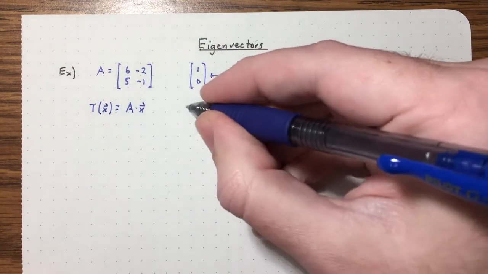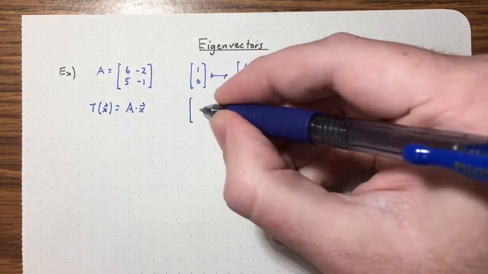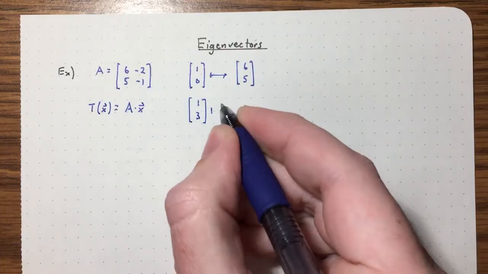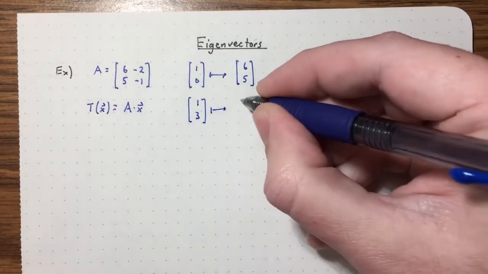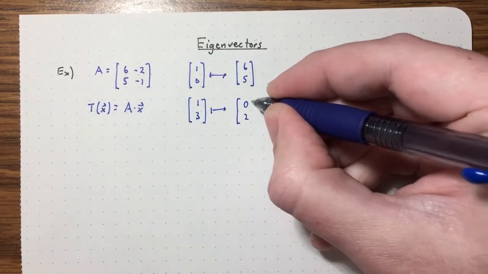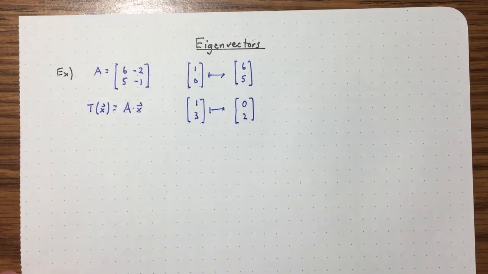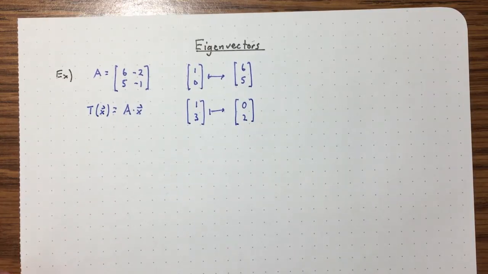How about, well, let's just pick a random vector 1, 3. Well, this gets sent to 0, 2, because we're taking 1 of this column and 3 of this column. So we have 6 minus 6 is 0, and we have 5 minus 3 is 2. Nothing really special going on here, right?